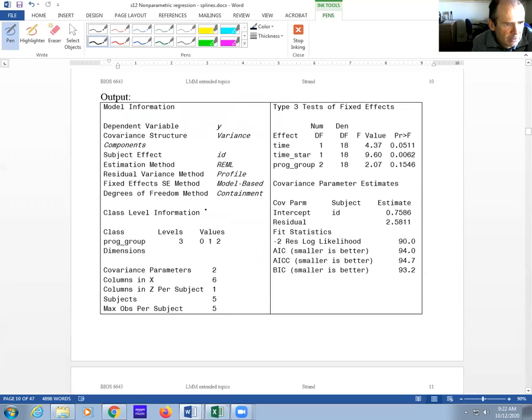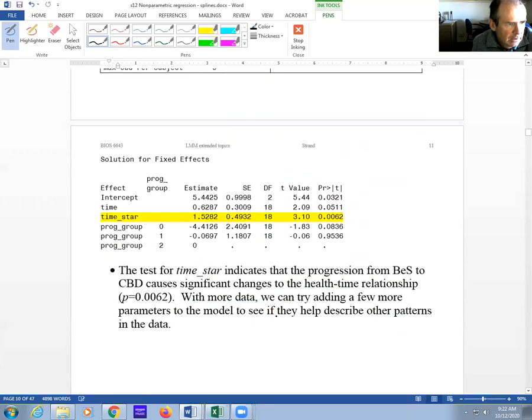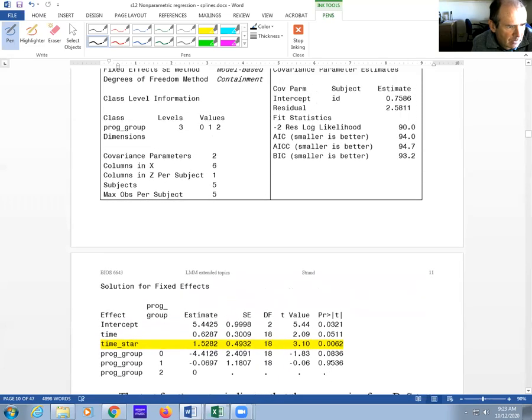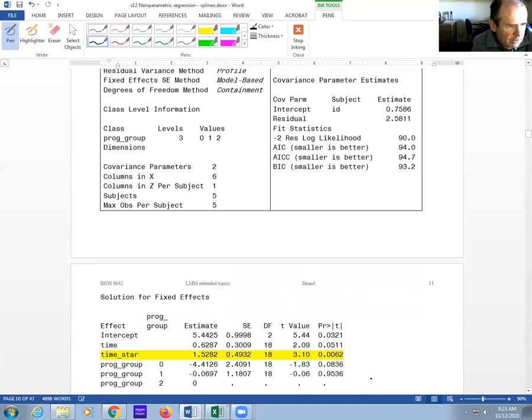Here's some of the output that we get. You can see the test for fixed effects, the covariance parameter estimates, and so forth. And then we get our parameter estimates and tests for those. So what would you conclude by looking at this output?